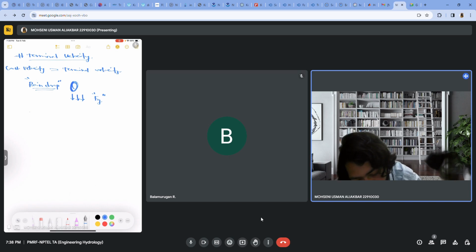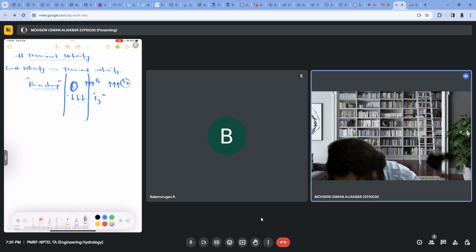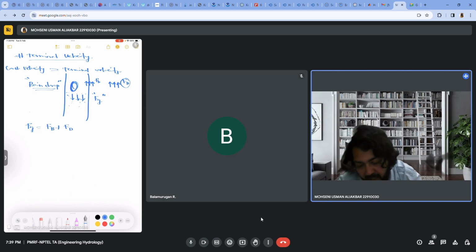What are those two forces? The first is buoyant force and the other is drag force. If it is falling inside a liquid column, there would be some liquid already present in the system, so there will be certain friction, and because of that drag force comes into the picture. So we can say that the gravitational force is balanced by buoyant force and drag force.